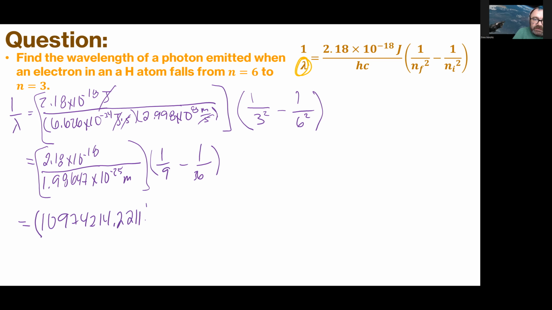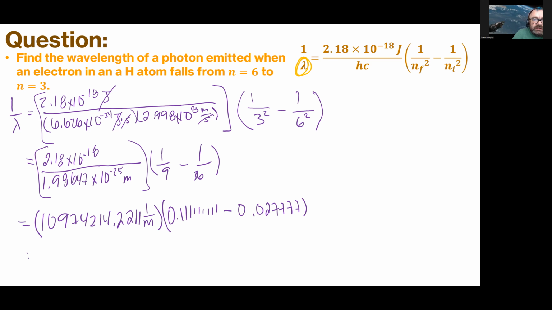This has units of 1 over meters, or inverse meters, because we have reciprocal wavelength is what we're solving for. 1 over 9 is 0.111111, and 1 over 36 is 0.027777. We'll subtract those two things, this minus that.